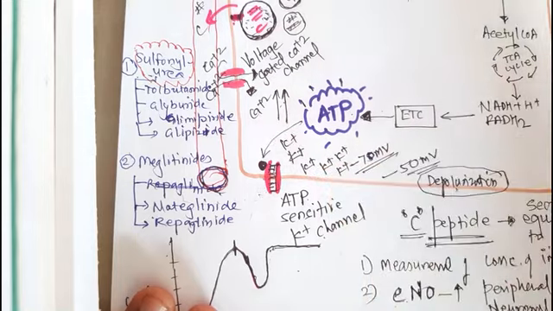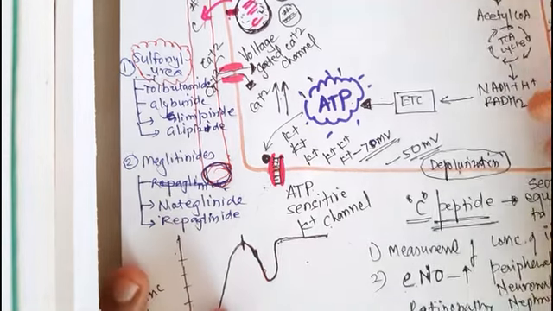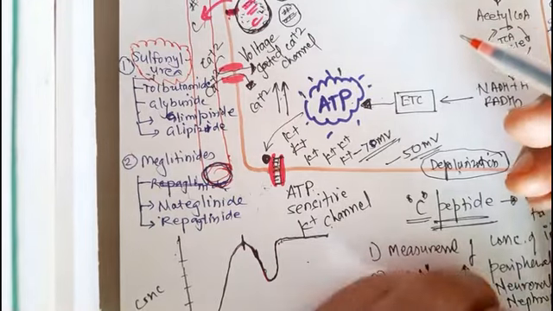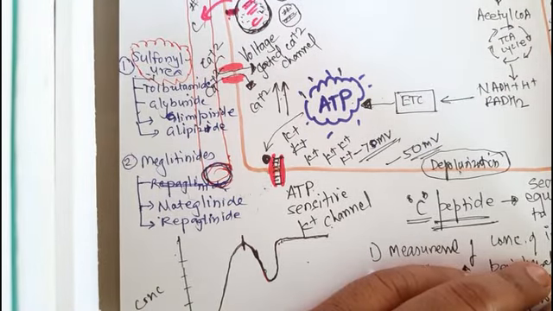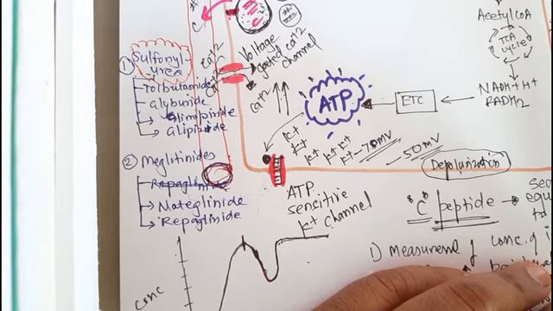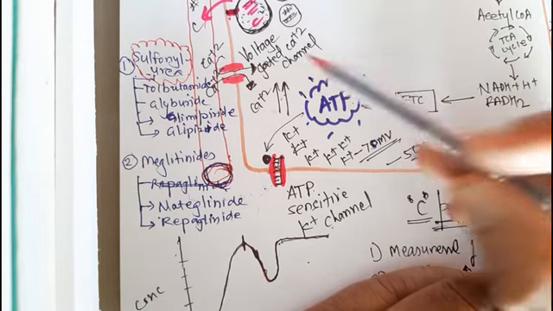Blocking or activating these channels can be used for treatment with various drugs which act on the beta cells of the pancreas and help in the release of the insulin formed in the beta cell, for the treatment of diabetes mellitus, particularly type 2 diabetes mellitus, where insulin is insufficient or less secreted.